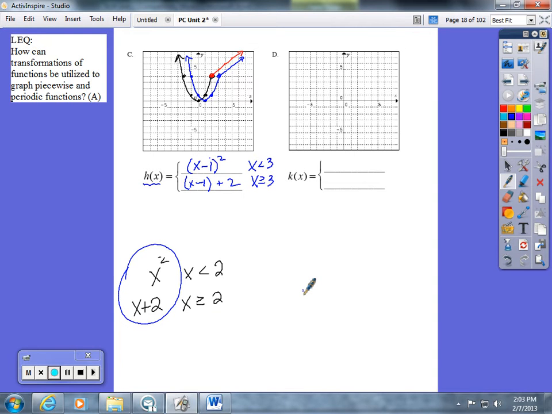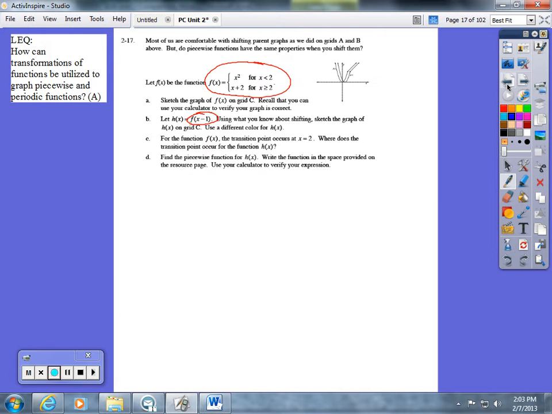Would a vertical shift impact that part of our function? No, only a horizontal shift, because only horizontal shifts affect domain. For the function f, the transition point occurs at 2. Where does the transition point for h of x occur? We said 3, so that changes that. Find the piecewise function for h of x. We already did. We wrote it in the space provided on your resource page.